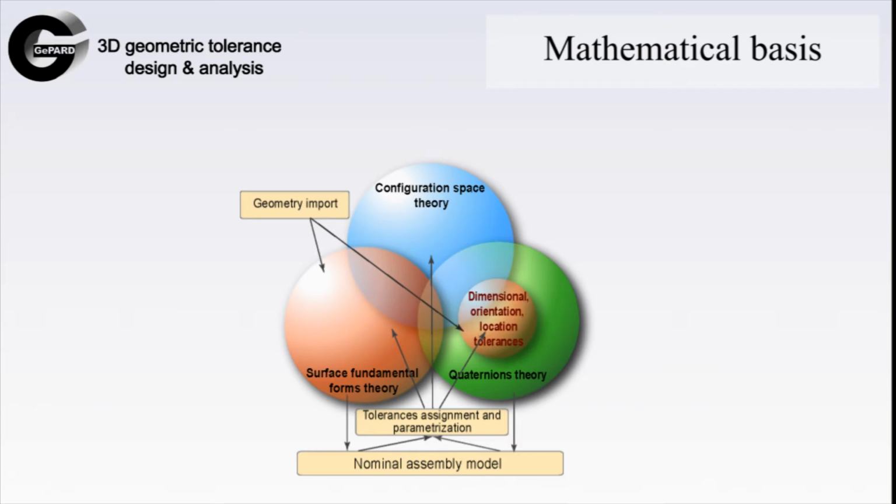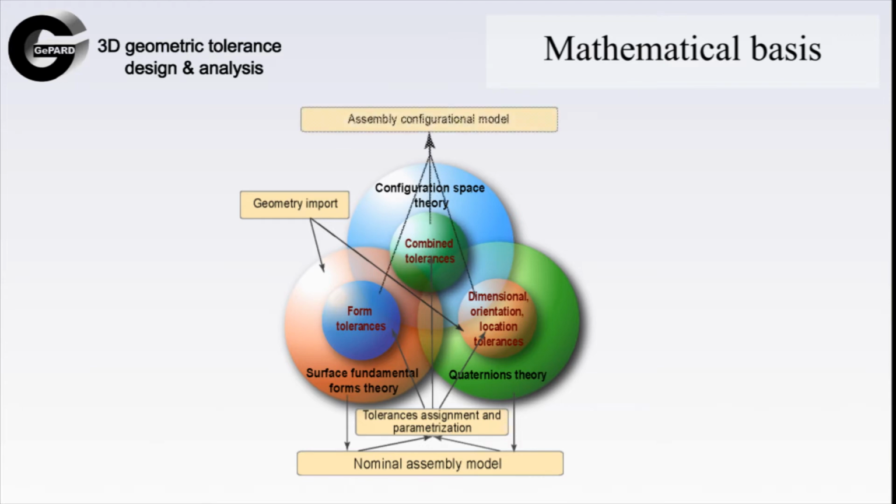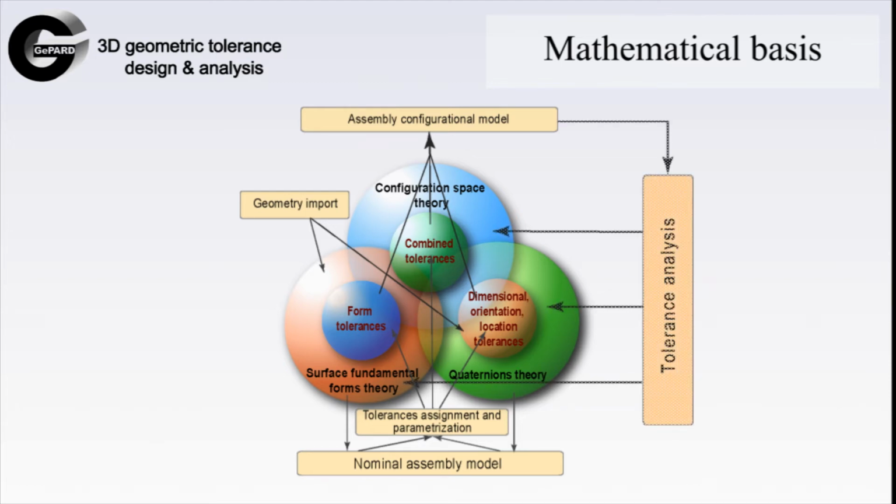Dimensional, orientation, and location tolerances are represented by the unit quaternions model as the group of 3D space rotation. Form tolerances are described by variations of fundamental forms coefficients, and there are combined tolerances. As a result, we obtain an assembly configuration model that absorbs the previously created nominal model. Tolerance analysis based on the assembly configurational model uses the body of knowledge of all three above-mentioned mathematical theories.